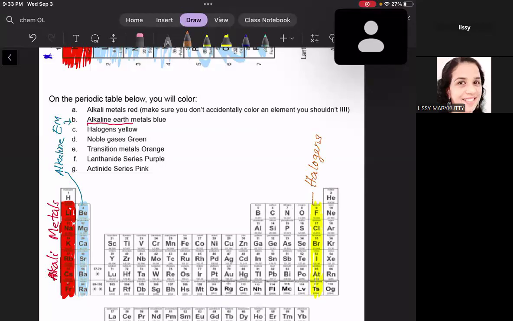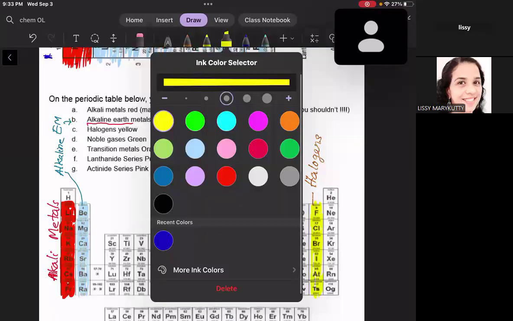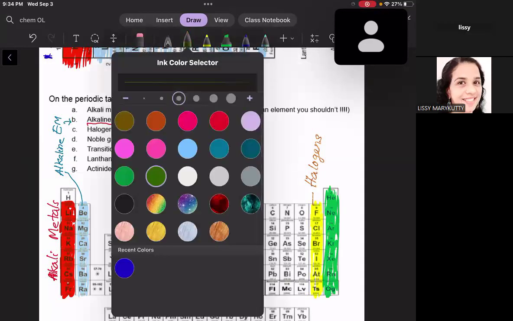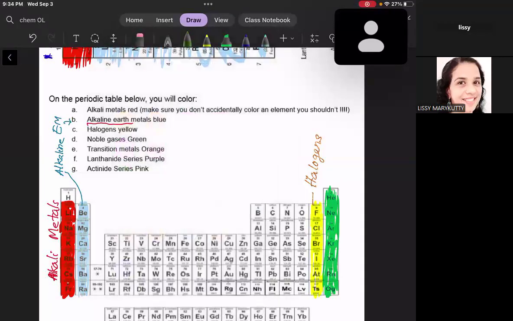Okay, now we need a green color. We are going to color the last group in green color. They are called noble gases or inert gases. They won't react. Inert gases.